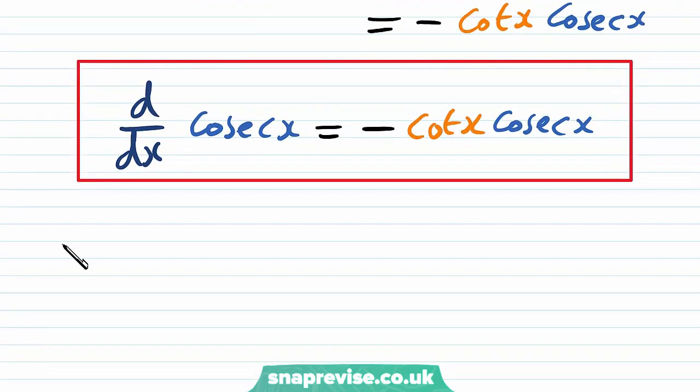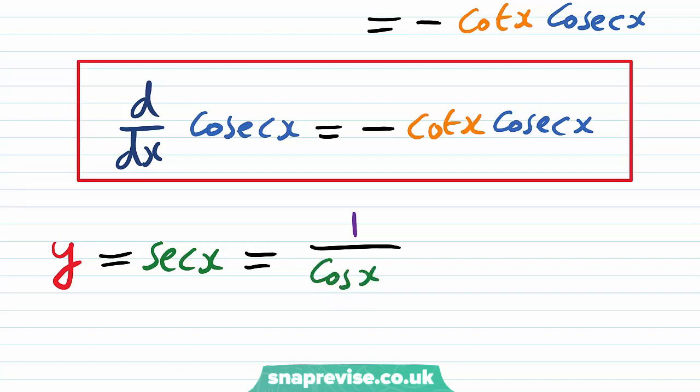Similarly, if we instead now let y be equal to the sec of x, then this is equal to 1 divided by the cosine of x, and so it is sensible to choose our v to be this time the cosine of x, the expression on the denominator.